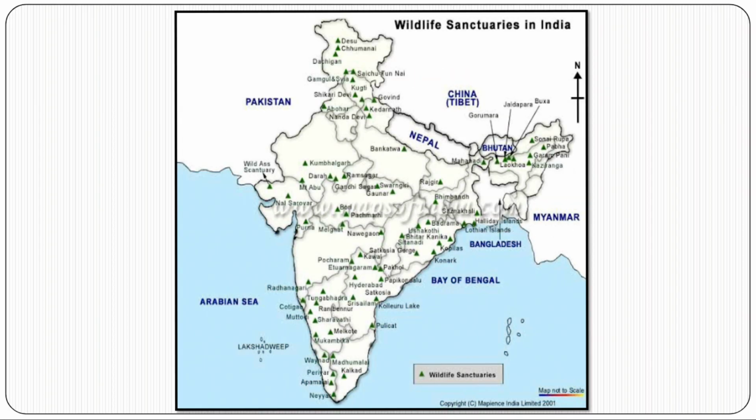In this map of India, you will be able to see the different wildlife sanctuaries in India. They are marked with a green triangle. Come to Gujarat, Nal Sarovar we have, then Wild Ass Sanctuary, different wildlife projects we have in our country.